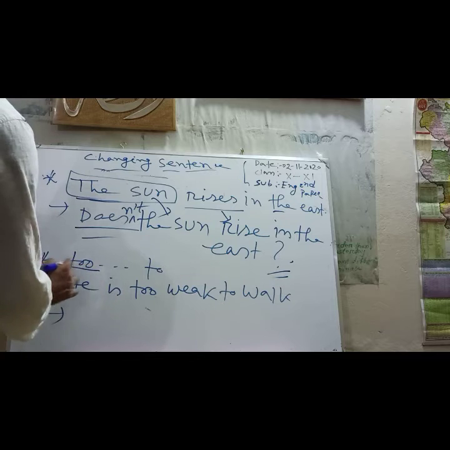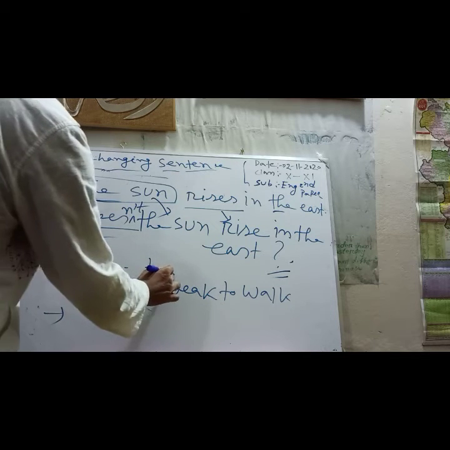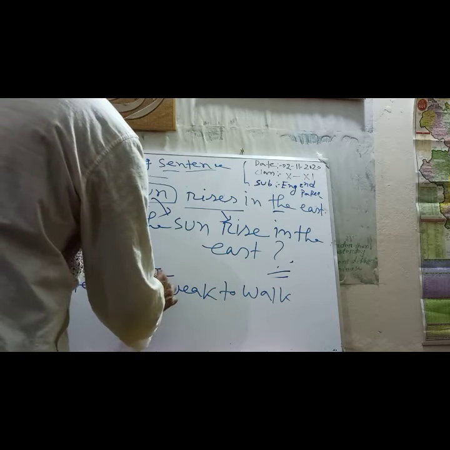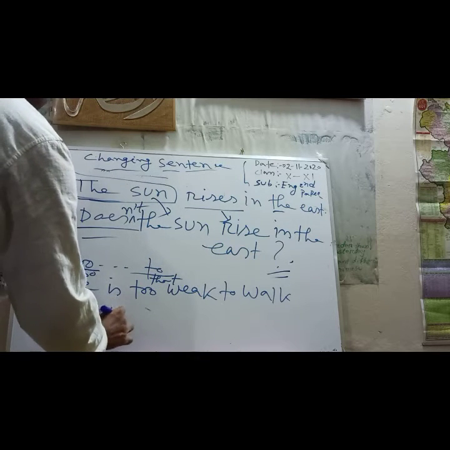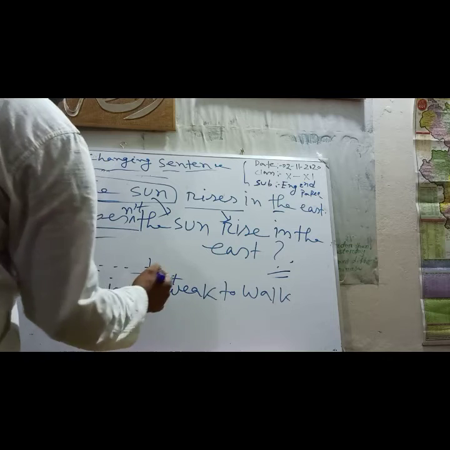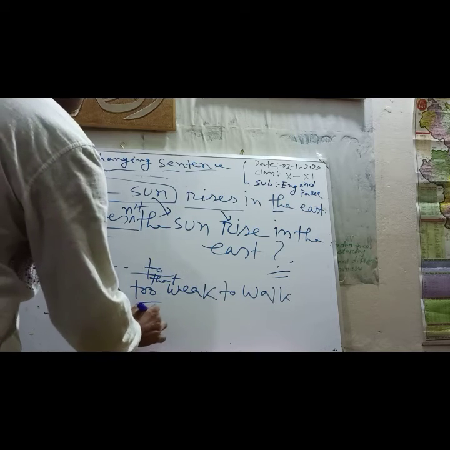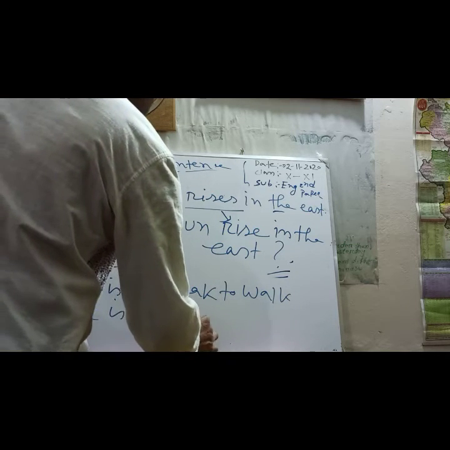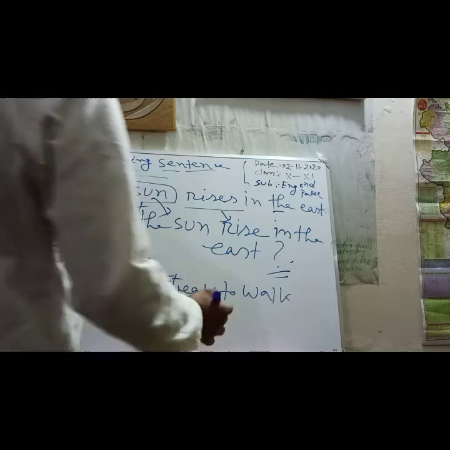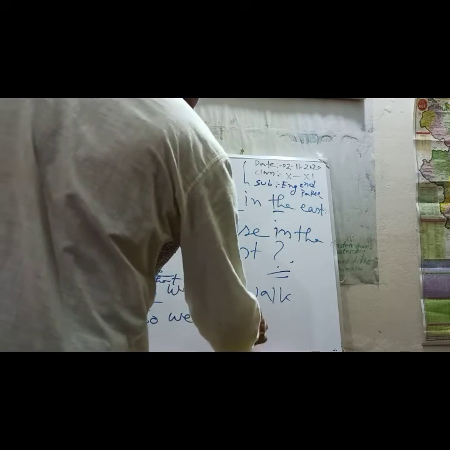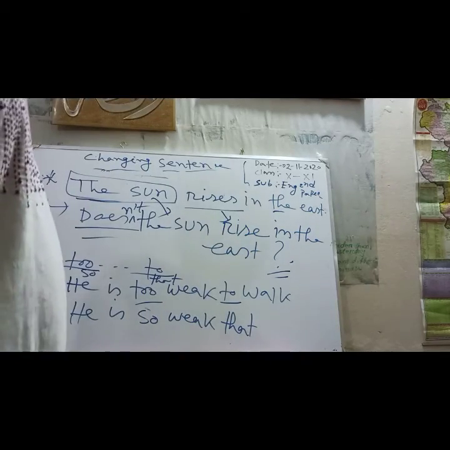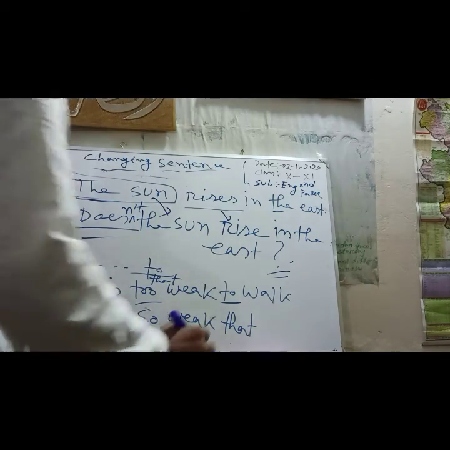Instead of too we use so, and then instead of to we use that. So he is, instead of too we use so, and then the adjective weak, and after that we use that, and we use the subject again.